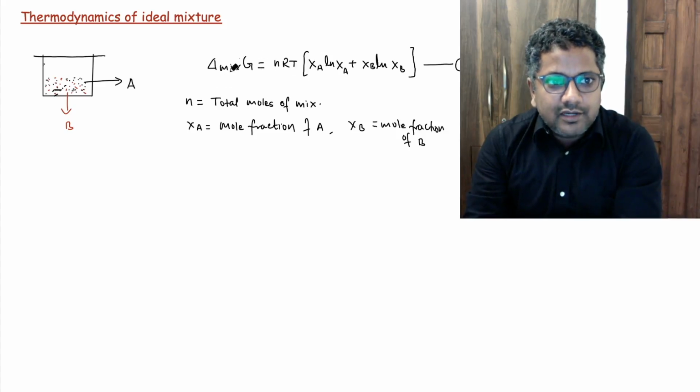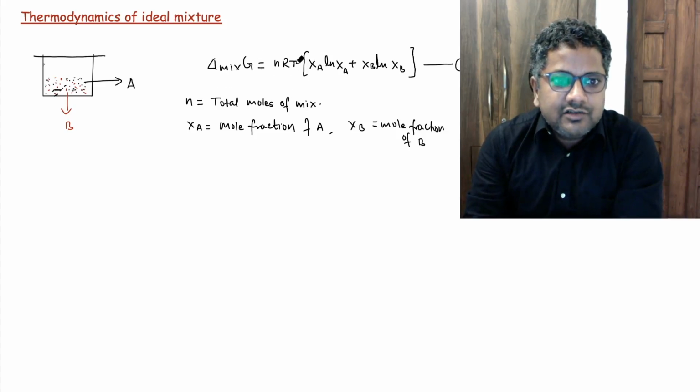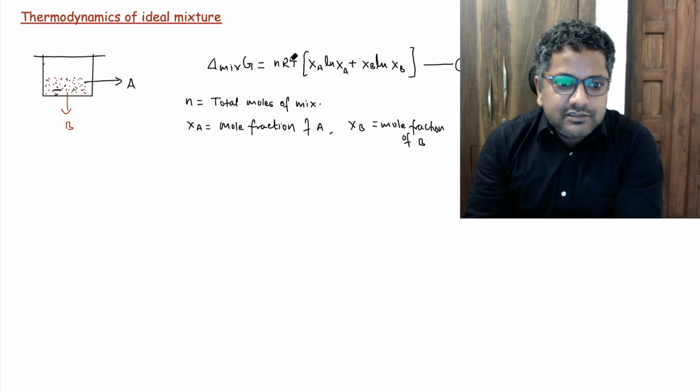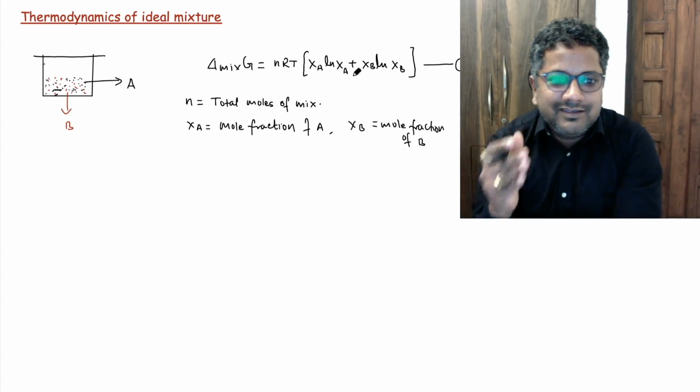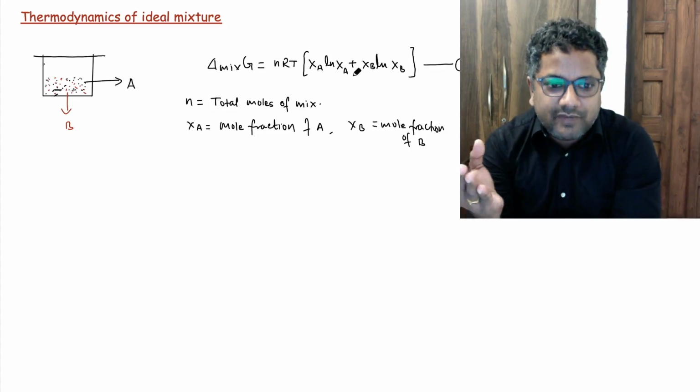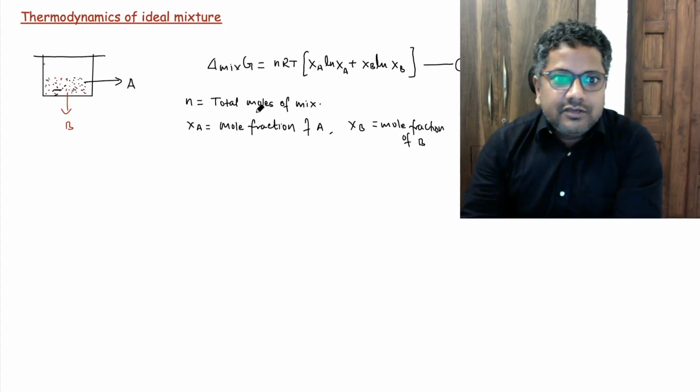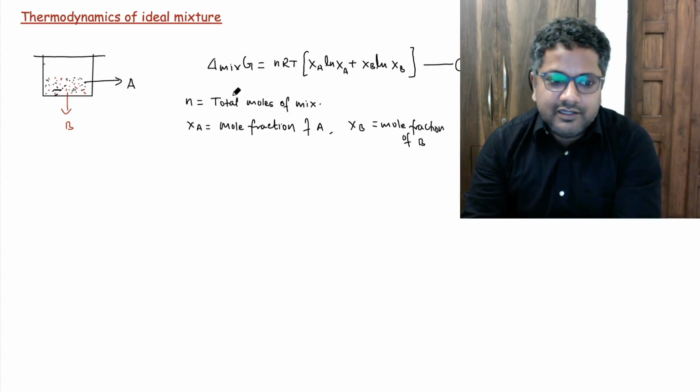More and more delta G mixing. Suppose that T is constant, so R is constant. So what is the variable here? Here the variable is the number of moles, or you can say mole fraction. So with change in the mole fraction, this delta G will decrease.